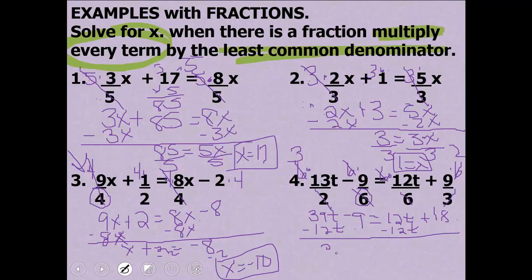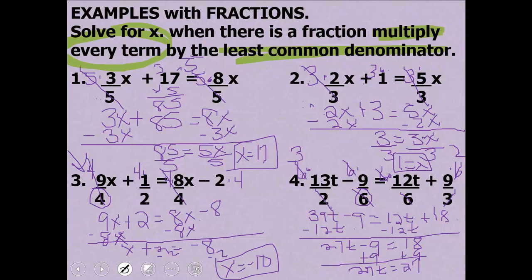That gives me 27t minus 9 equals 18. Step 3 says, do you have non-variable terms on the same side as your letter? We do, so now I need to move it away, so I'm going to add 9 to both sides. And I get 27t is equal to 27.